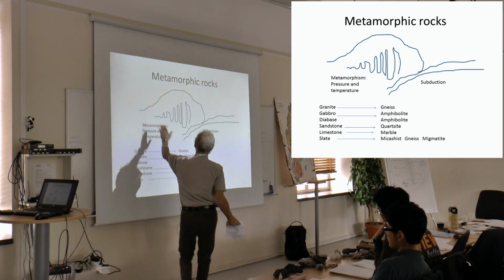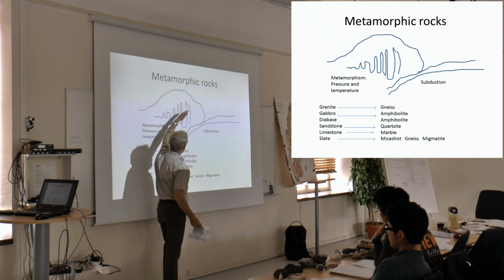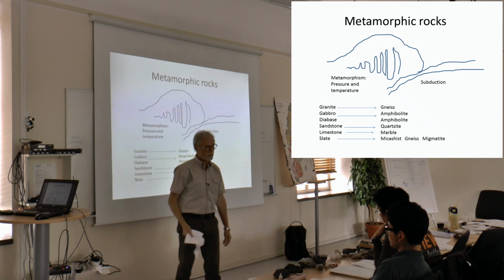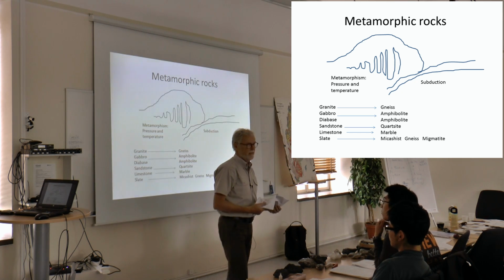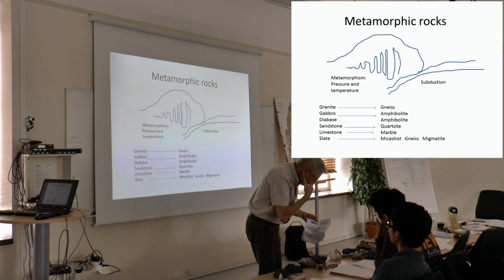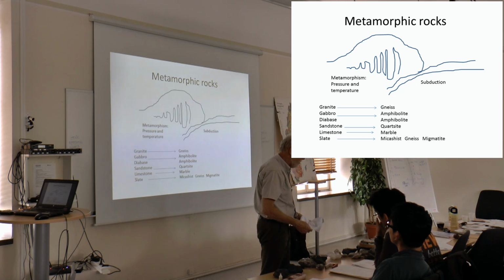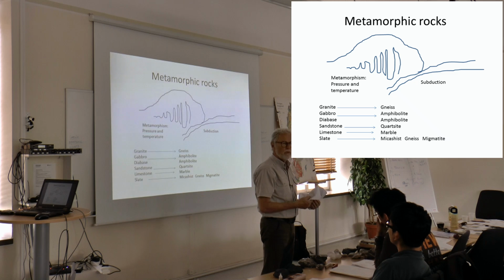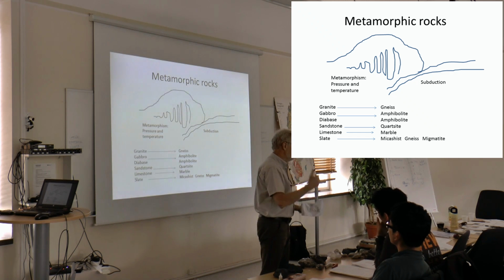So if we have a very high mountain, we also have a very deep root system down at the bottom of these mountain ranges. We have in Europe now one mountain range going on, just started in the south of Europe.